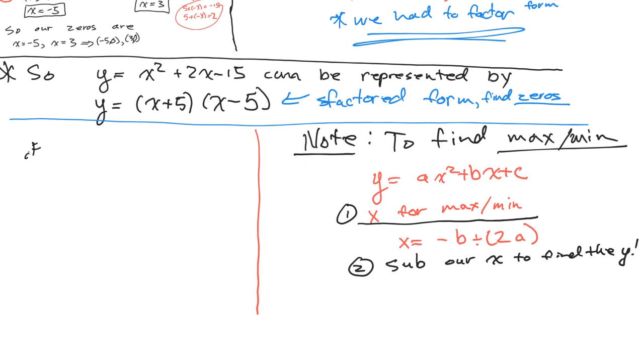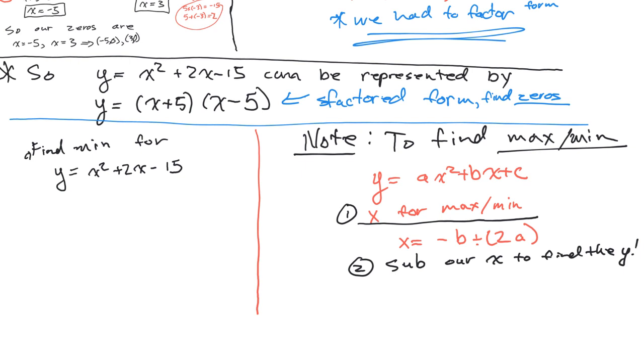So this is part C. We're finding the max, no, the minimum for y is equal to x squared plus 2x minus 15. So here's what we do. Plug that in, get your answer. So let's go for it, shall we?